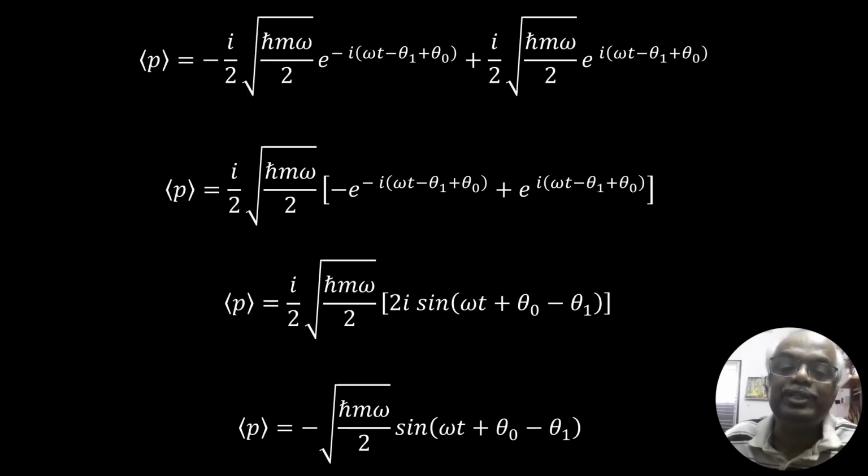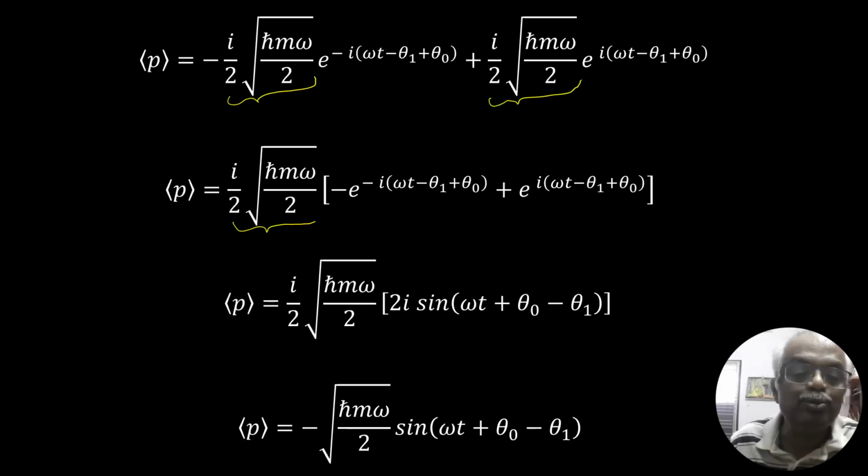Now you take this constant outside. Here you have i over 2 square root of h cross m omega by 2 here also. So I am taking i over 2 and the square root term, then the remaining term is, here you have minus this exponential term, here you have plus this exponential term.